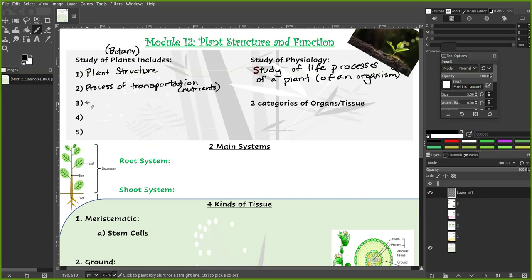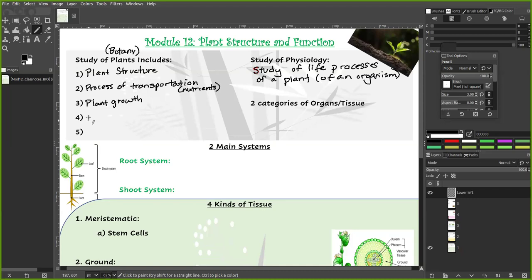It involves plant growth. How does a plant get bigger? How does a plant mature? Where does it start? Where does it end? We've already done some of that when we're talking about reproduction.